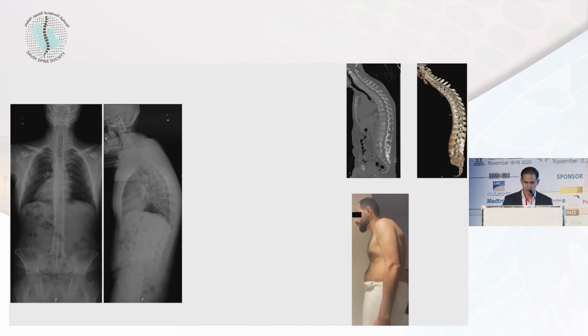This is a young patient in his 30s with ankylosing spondylitis. As you can see, his gaze is going down. He's been walking like that for several years. Lumbar lordosis is around 4 degrees, so his mismatch is around 40. As you can see, he's straight on the coronal X-ray.